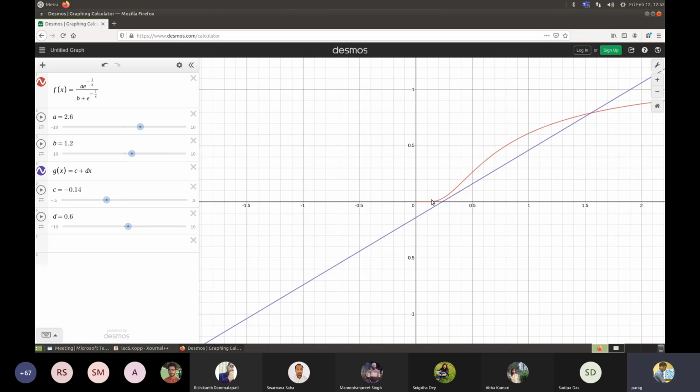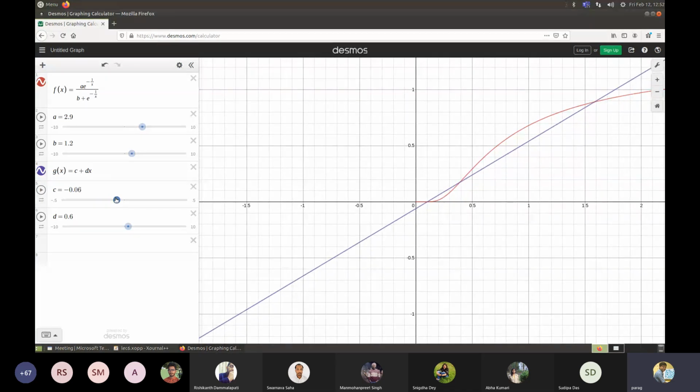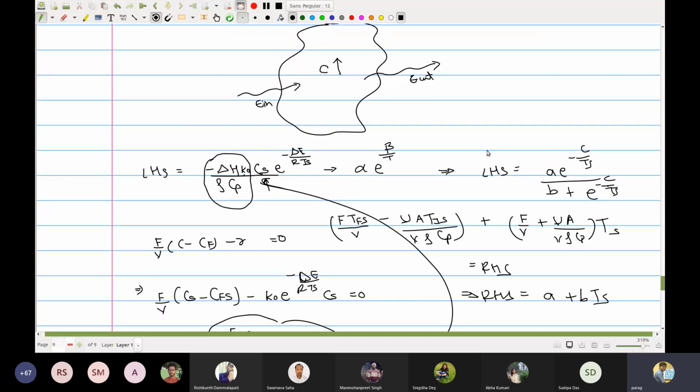So it's not a problem, but the other curve is highly nonlinear, because it involves an Arrhenius equation. You see the Arrhenius term here, and it is highly nonlinear.